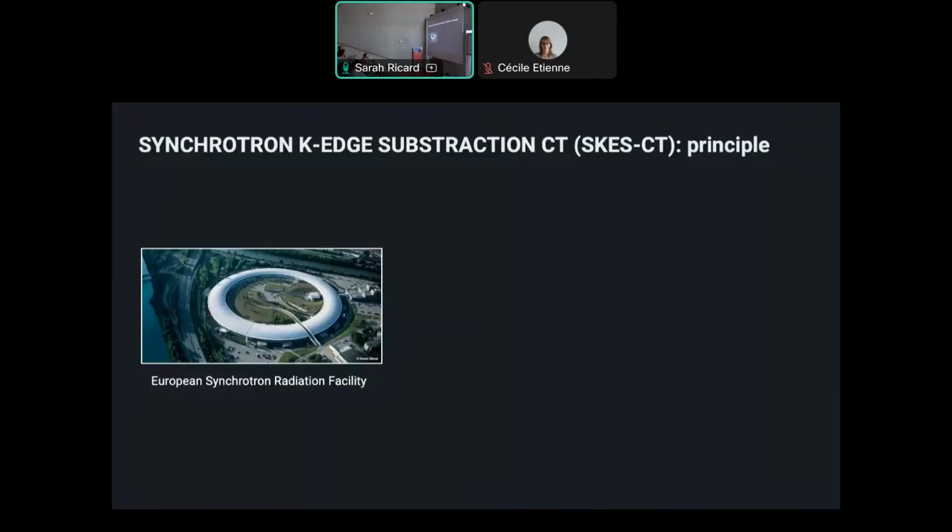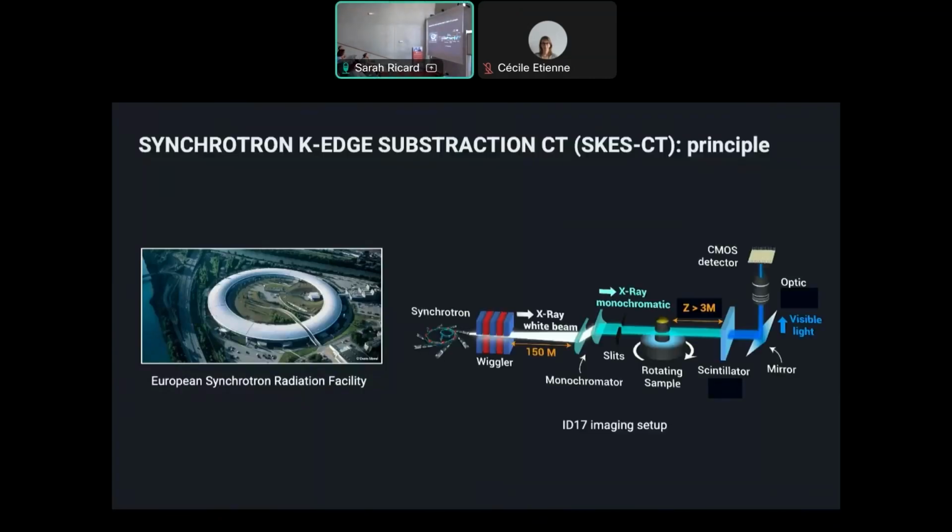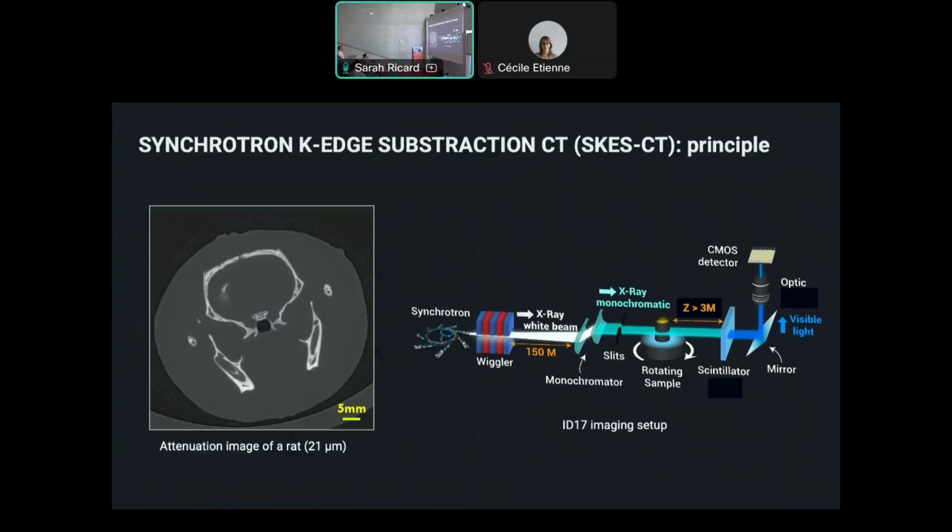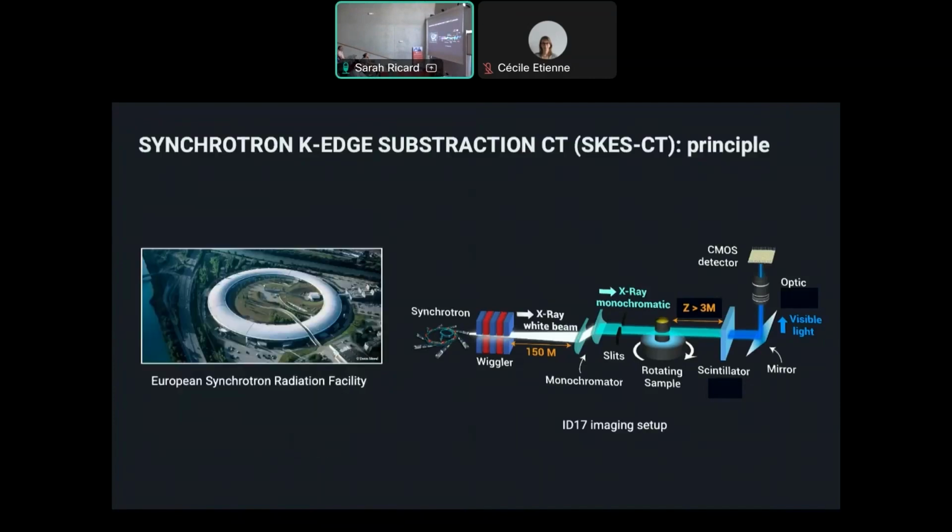But the way we do synchrotron imaging is more or less the same as normal X-ray imaging. We have the light that is produced in this what we call wiggler, a high magnetic field.